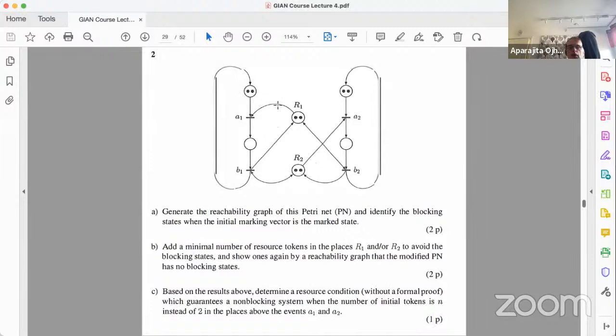And by that, maybe we can find a reason. The deadlock comes because you have 2 tokens up here, and if you add 1 more token in R1, one could at least argue that it sounds reasonable that if you have n tokens there and n plus 1 here, or n plus 1 there, it should solve the problem.